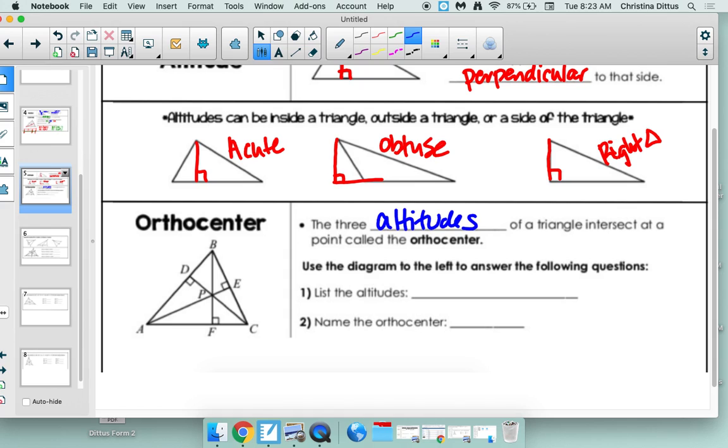So if I look at vertex A, and then I see a 90-degree angle next to E, that would be my altitude, AE. If I look at my vertex B, and then I follow to make a right angle, BF. And what's the last one?